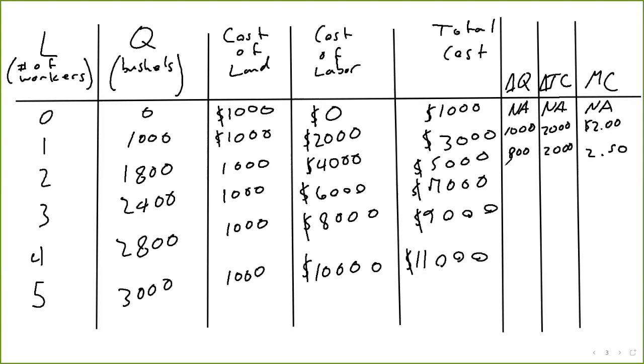And we can do this for each subsequent addition of labor. And you'll notice that the marginal cost for each additional worker is increasing. And that's because our marginal product of labor is decreasing. So each additional worker adds the same amount to total cost, but they contribute subsequently less output as we get more workers. And so our marginal cost increases as we add more workers.